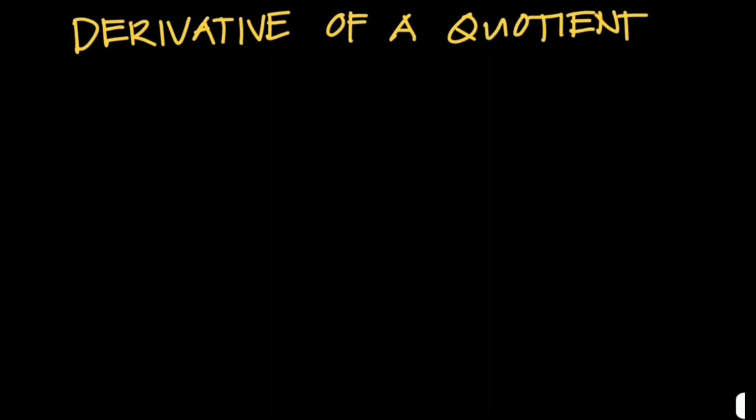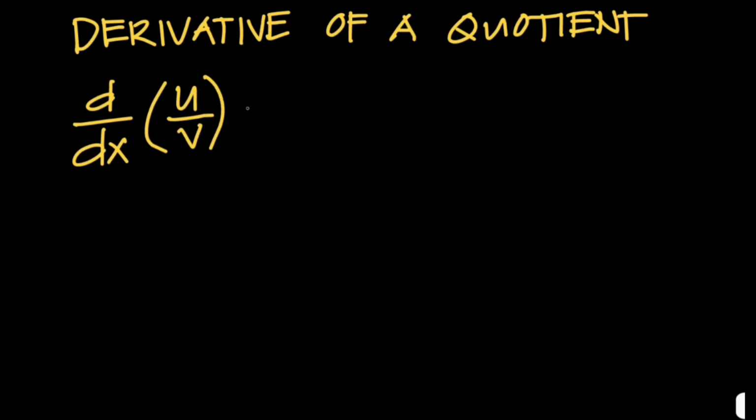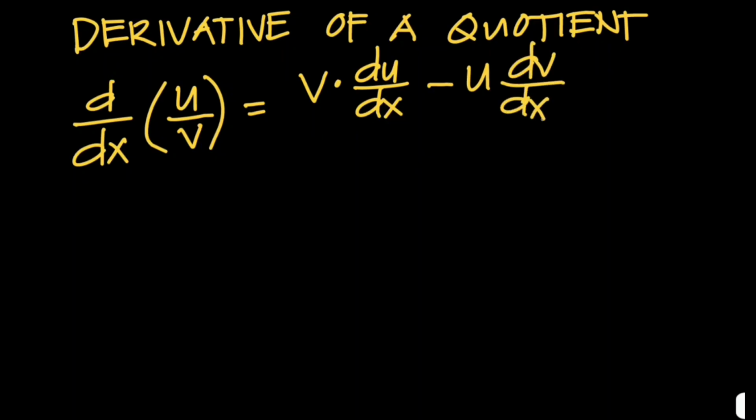So let's say we're given two functions. To get the derivative of the quotient of two functions, let's say we have function u over v. So this is equal to v times the derivative of u over dx minus u times the derivative of v over dx, all over v squared.